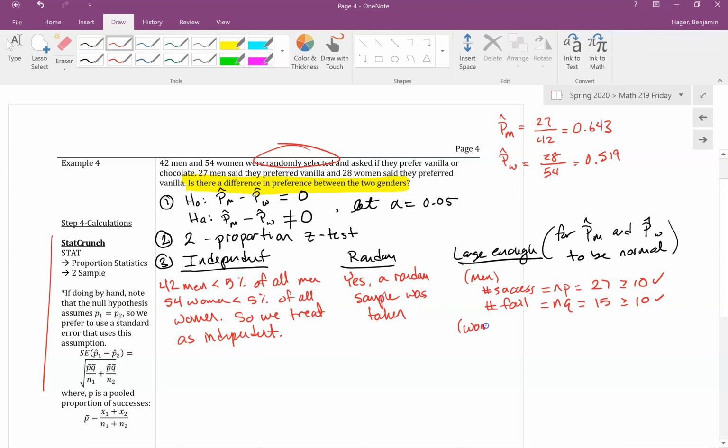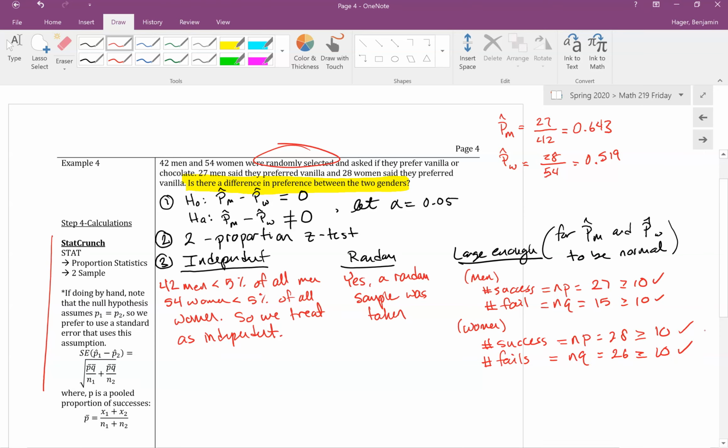For women, again, number of successes. Well, they told us that 28 women they asked prefer vanilla. So they had 28 successes. So they're more than 10 there. And then the number of fails. Again, they asked 54 women. And if 28 said, yes, I prefer vanilla, then that would mean 26 said, no, they prefer chocolate.